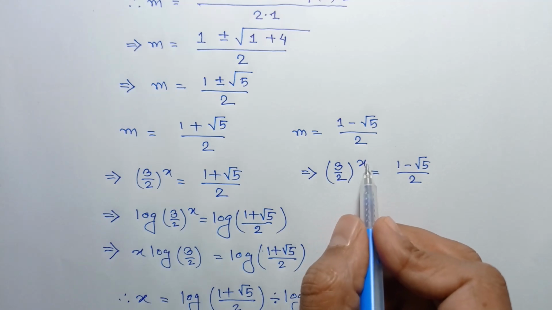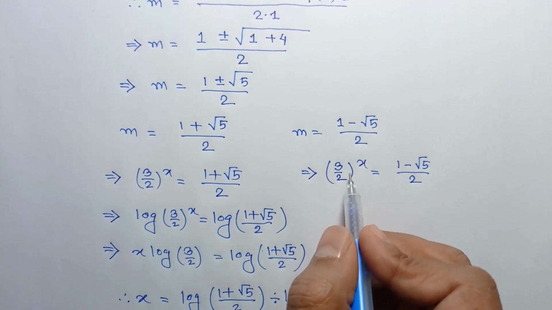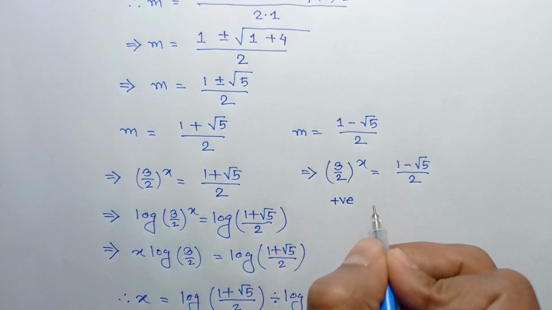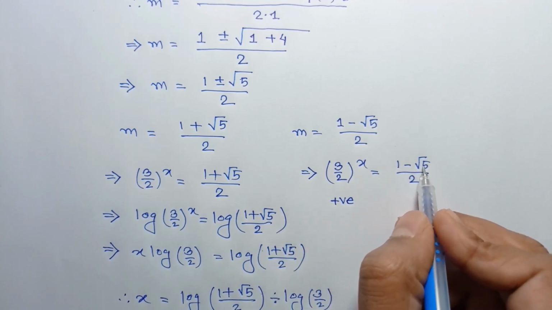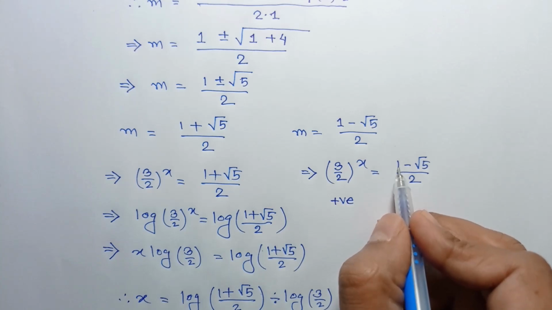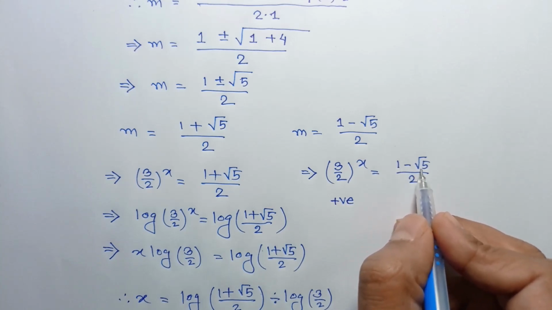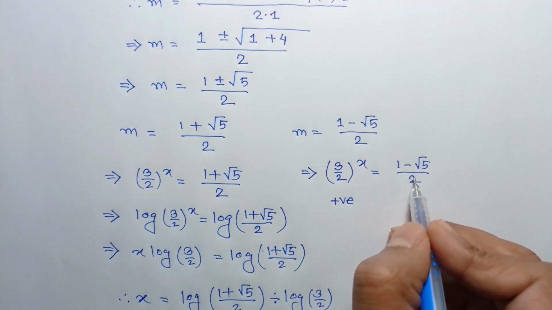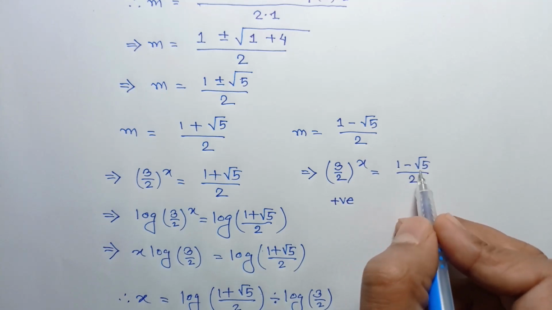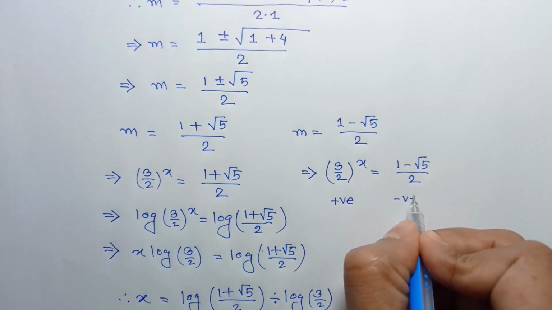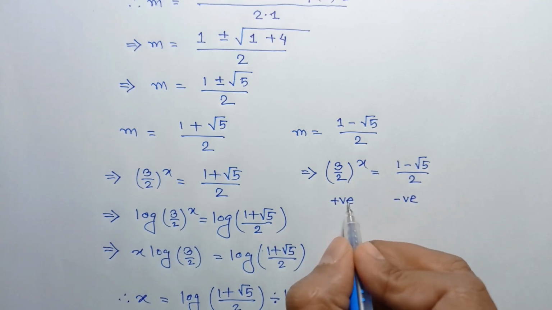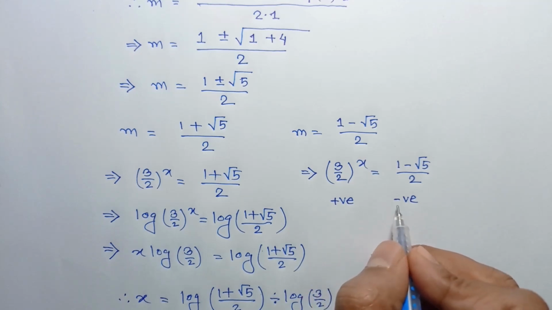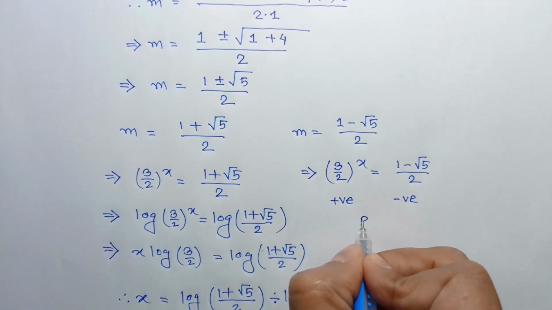Here the power of a positive number is always positive, so the left side is always positive, but square root of 5 is greater than 1, so 1 minus square root of 5 is negative, and 1 minus square root of 5 over 2 is also negative, so the right side is negative, so this cannot be equal for a real number. So there is no real solution, so it will be rejected.